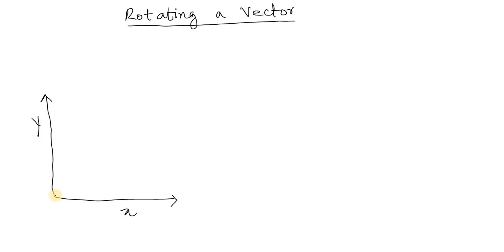Now let's imagine we have a vector here, and this vector goes from the origin to some point here.